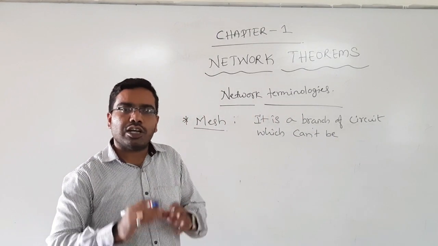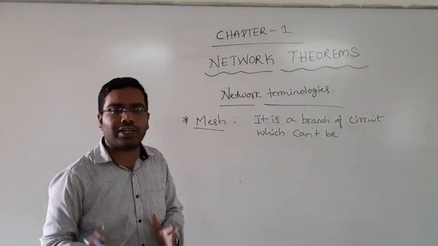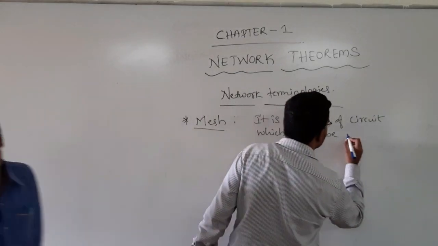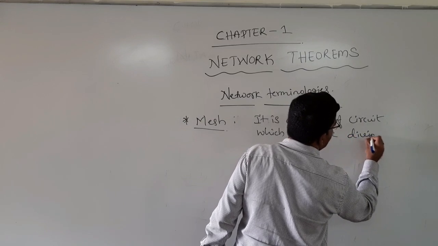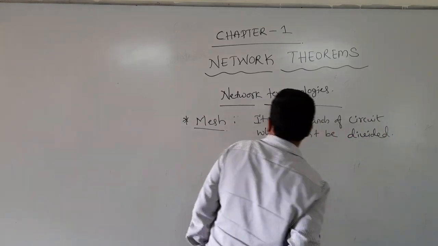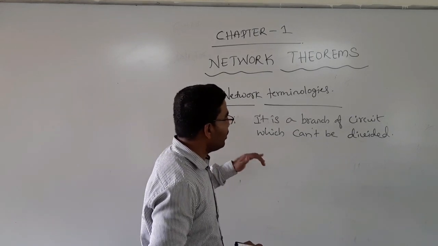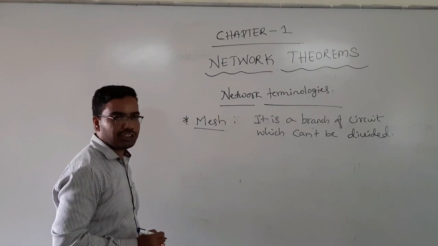Okay, a loop is in the divided form, but a mesh cannot be divided in the electrical circuit. So a mesh is a branch of a circuit which cannot be divided, and is called a mesh.